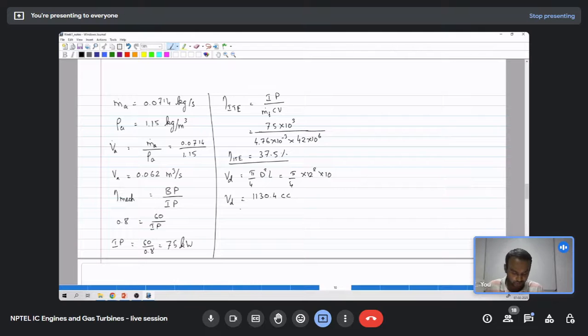So in terms of meter cube, we will have 1130.4 into 10 power minus 6 meter cube.